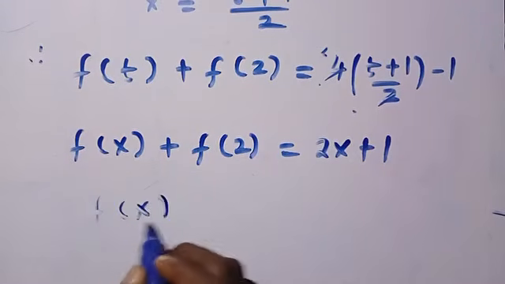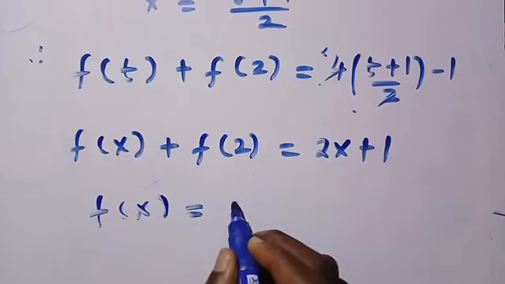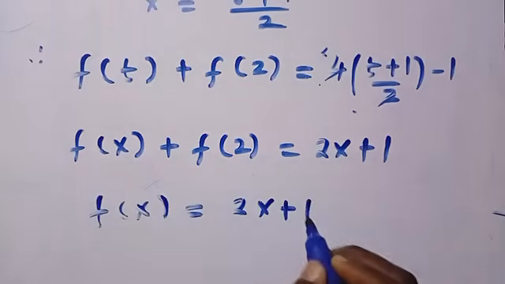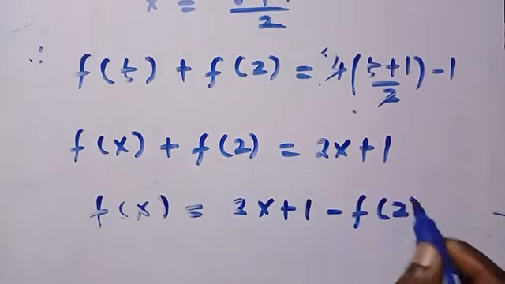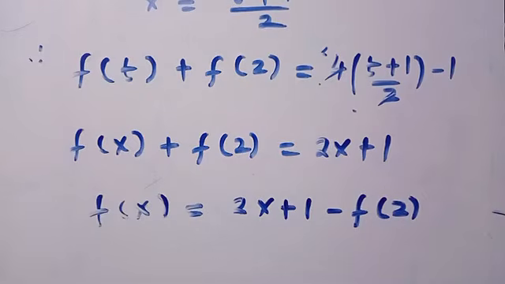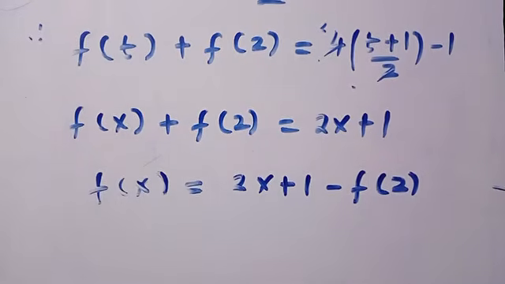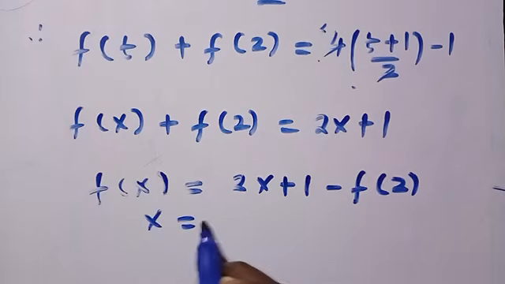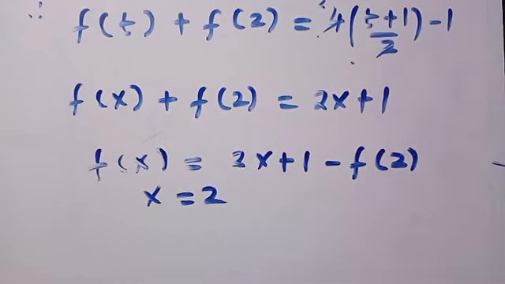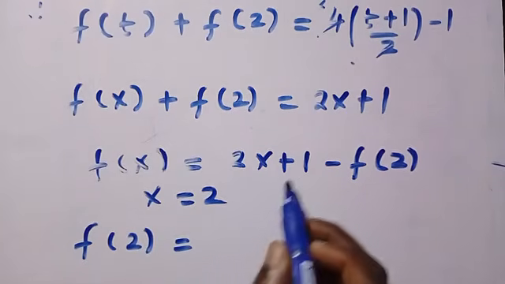We have f of x equals 2x plus 1 minus f of 2. So since we have 2x plus 1 minus f of 2, let's assume that x here equals 2. If x equals 2, we have f of 2 equals 2 times 2, that is 4 plus 1.